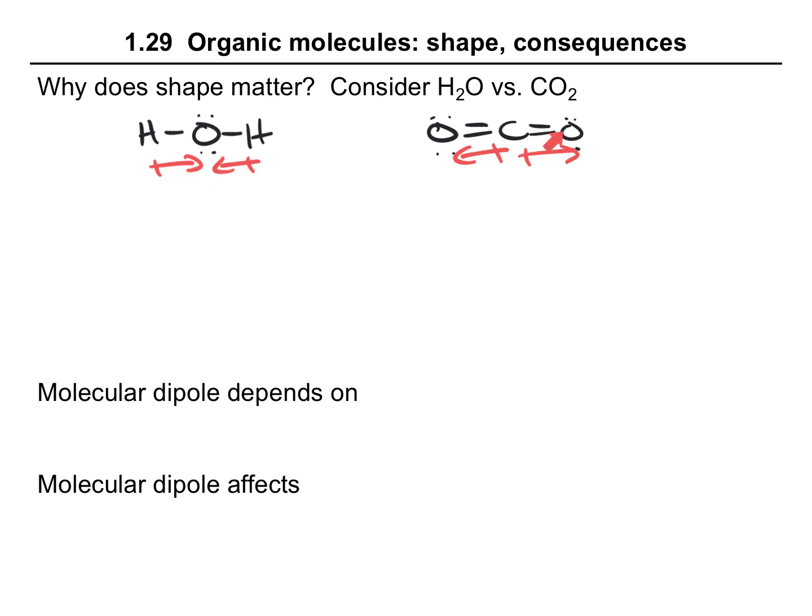The same thing over here, these bond dipoles are exactly equal. So if our bond dipoles are equal magnitude, opposite direction, then they're going to cancel each other out. So in the case of carbon dioxide, these bond dipoles will cancel, which means that carbon dioxide is overall nonpolar.